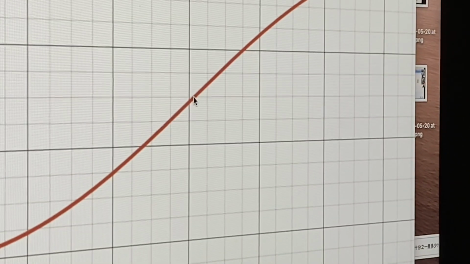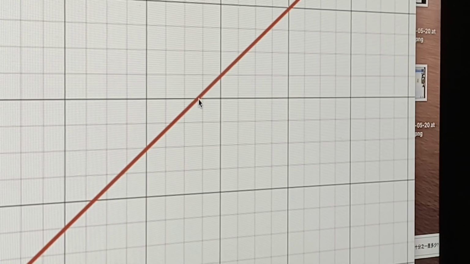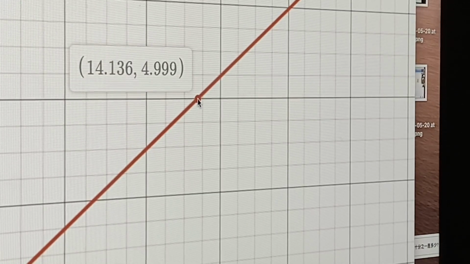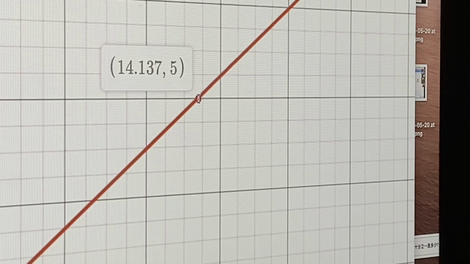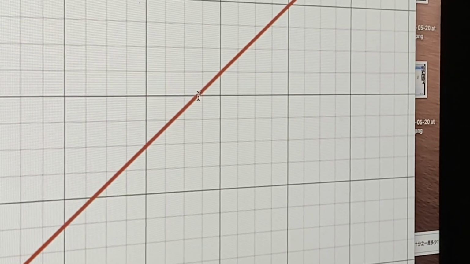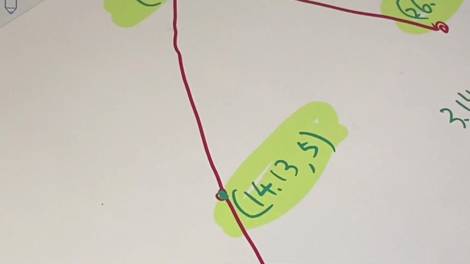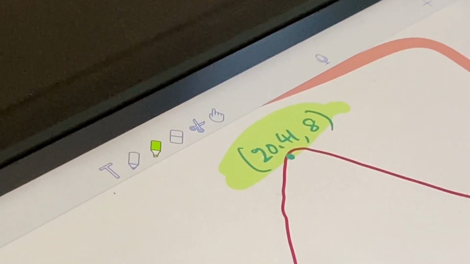We are almost there. Even bigger. Let's see. 14.13 and 5. Look at my calculation.